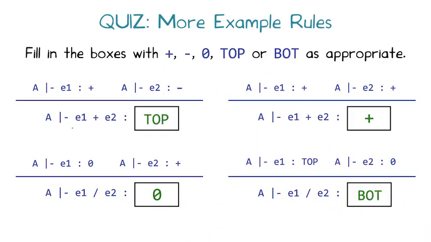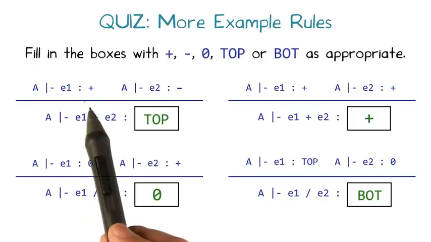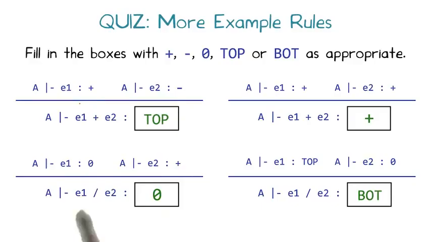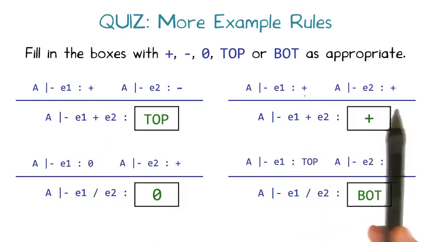Let's start with the problematic example we considered earlier. If we add a positive number to a negative number, we could end up with a positive, negative, or 0 sum. Therefore, the abstract value of this expression is top. However, if we add 2 positive numbers, then the outcome will definitely be a positive number.